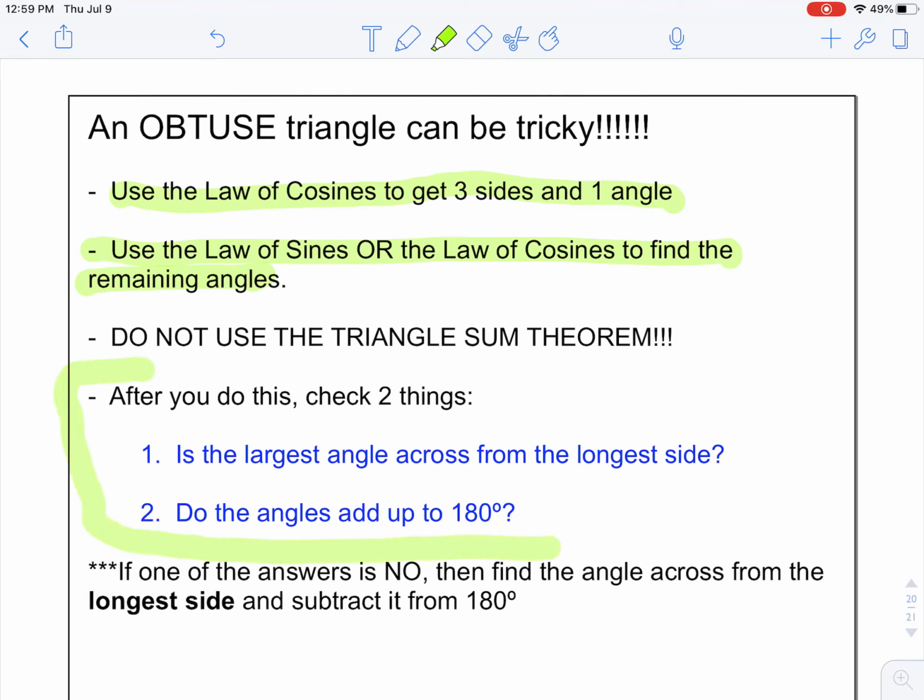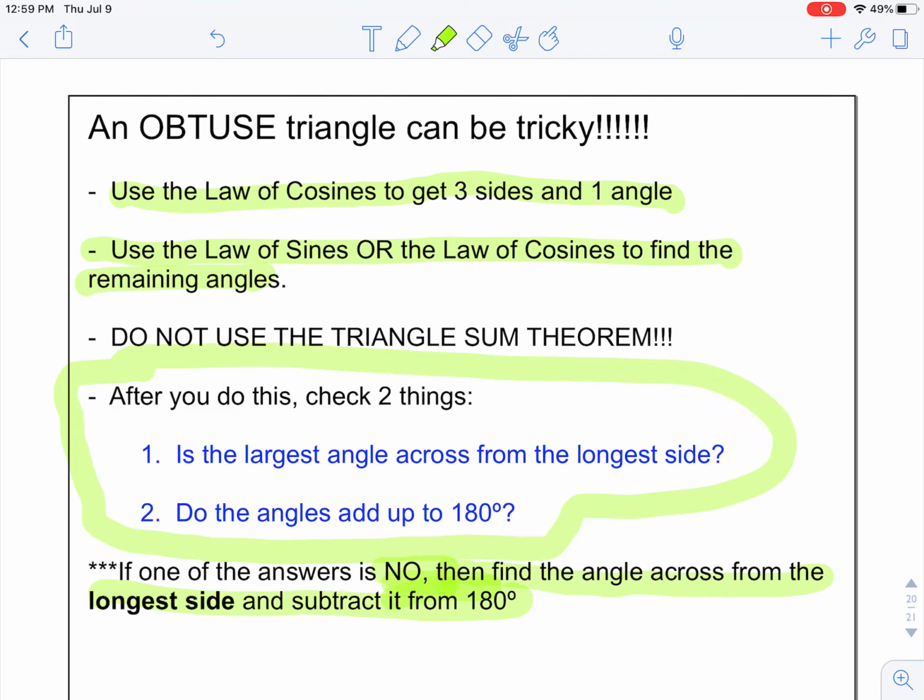And after you do this, you need to check for 2 things. Is the largest angle across from the longest side, and do the angles add up to 180? If the answer is no to either one of these questions, then find the angle across from the longest side and subtract it from 180.